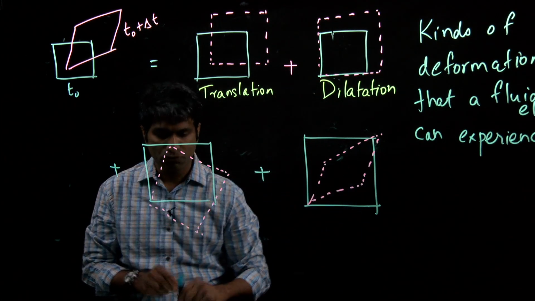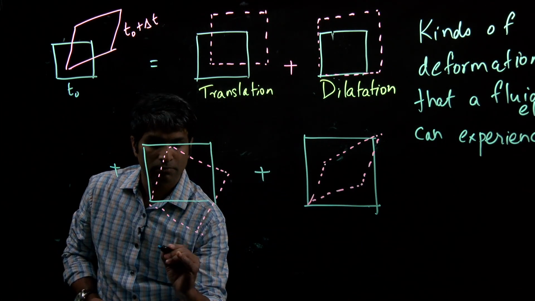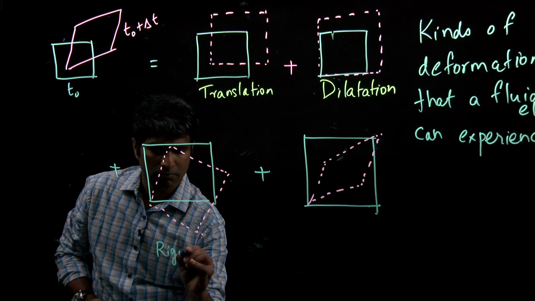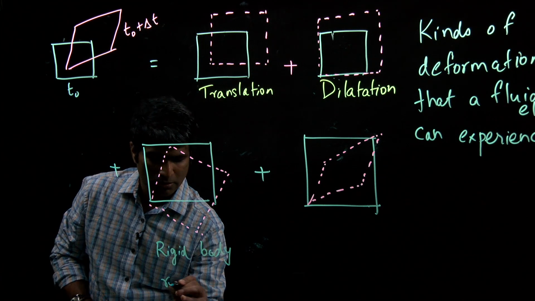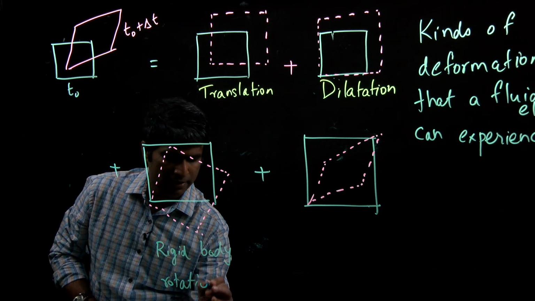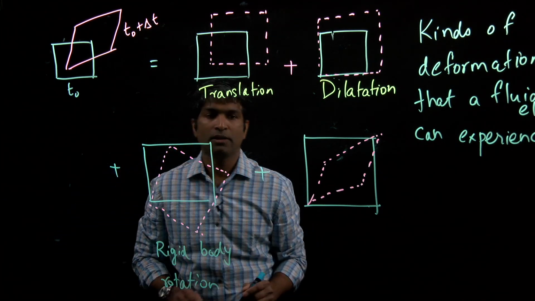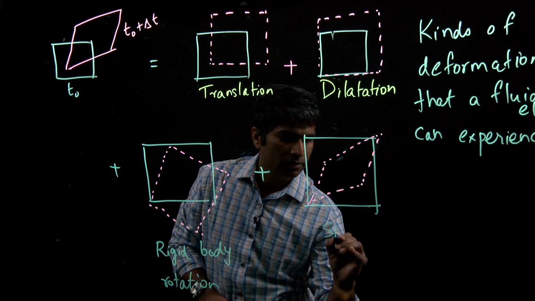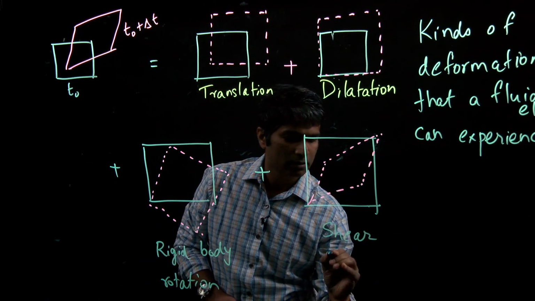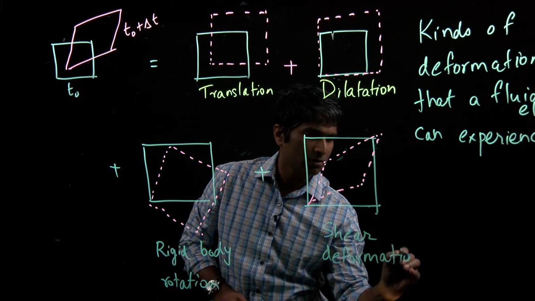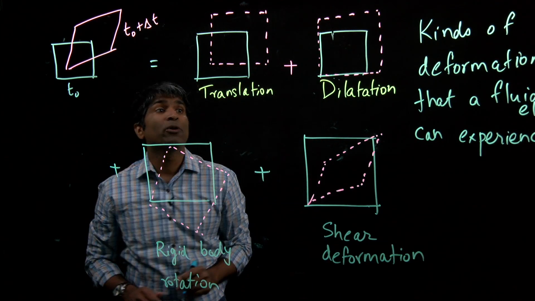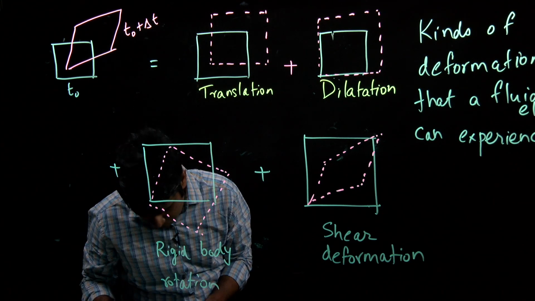So you can go from one shape to another in a time interval delta t by undergoing all these motions.